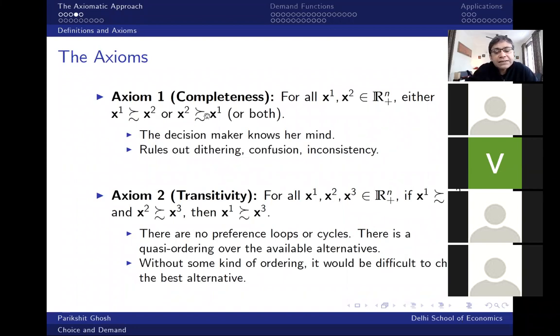So what is this saying? What this is saying is that the decision maker, the consumer, knows her mind. The decision maker doesn't confront a simple binary choice situation and just scratch her head and say, I don't know, I'm confused, I can't make up my mind. That is being ruled out. Now, of course, in real life, sometimes we face these choices.